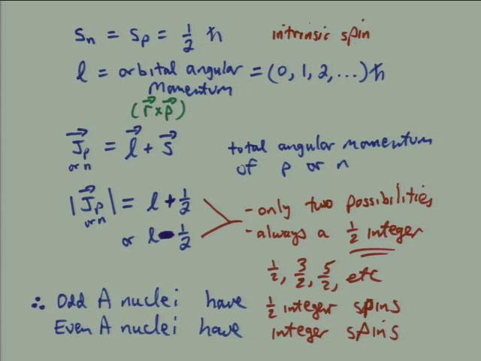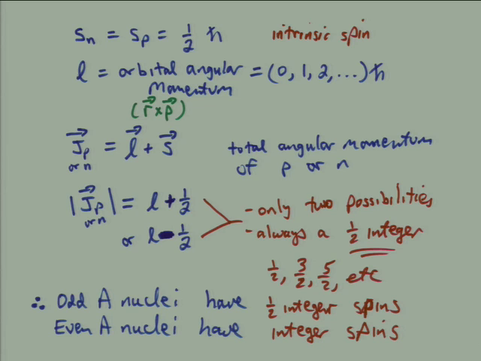So what that means is that for a single neutron or proton, its total angular momentum is always going to be a half integer unit of h bar. Because L is an integer, I add a half integer to it, I have to get a half integer. So 1 half, 3 halves, 5 halves, like that.